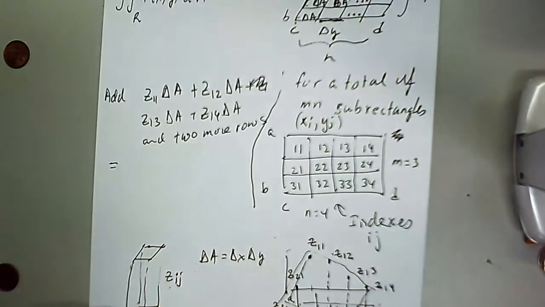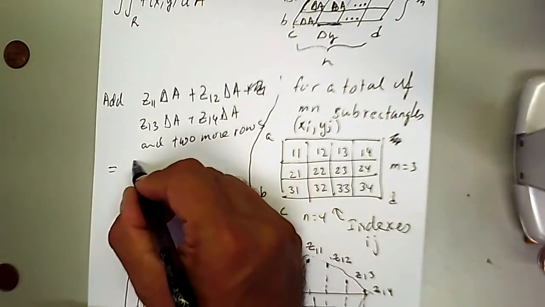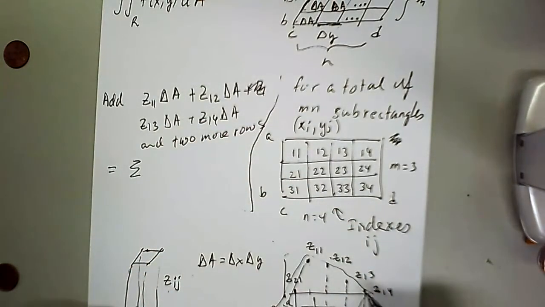So each row can be written using sigma notation.